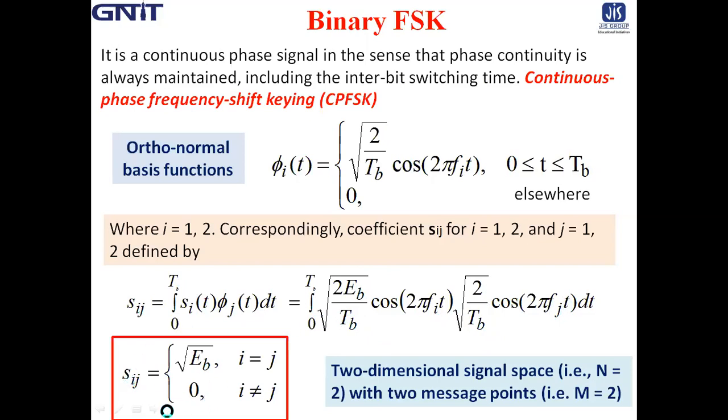Therefore, sij is equal to square root of Eb and 0, for i equal to j and for i not equal to j.